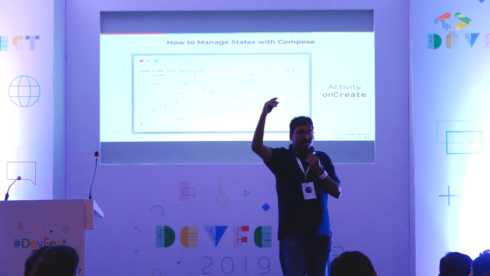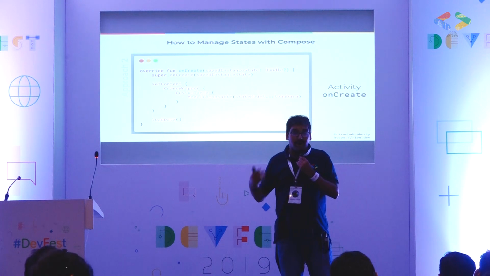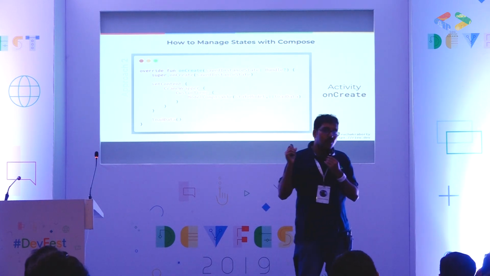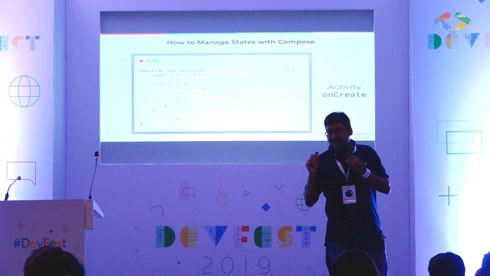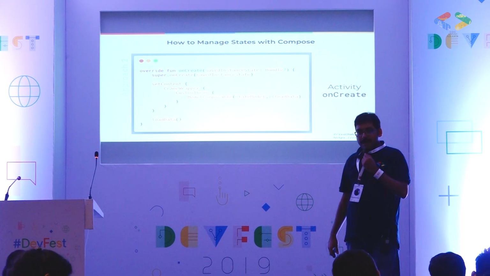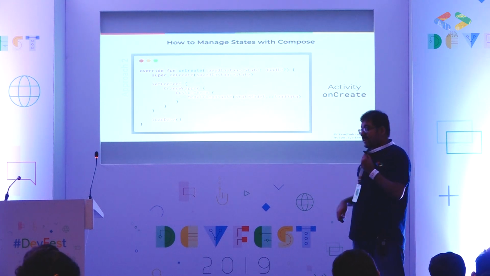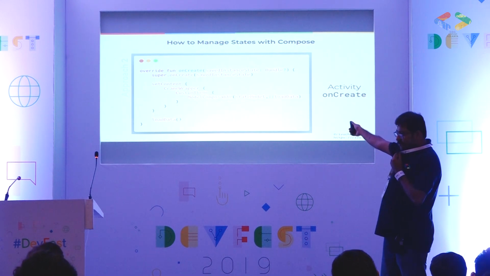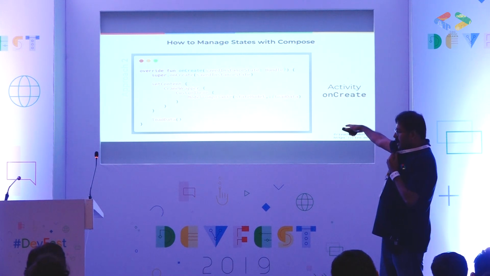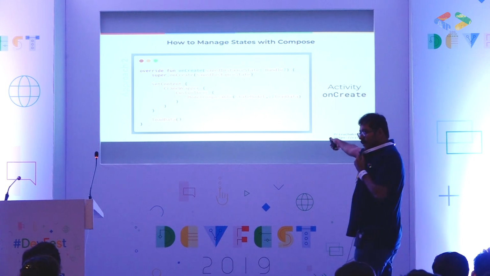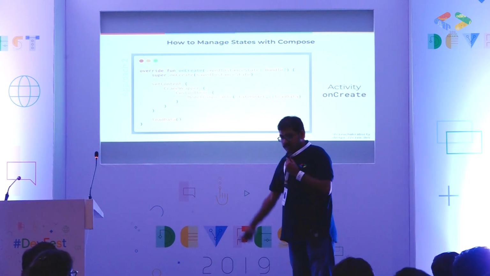It looks like it has a lot of code, but it actually has an onCreate function and a loadData function. It also has a variable called state model. Inside the onCreate function, we are passing the state model to the composable, and also a reference to the loadData function.